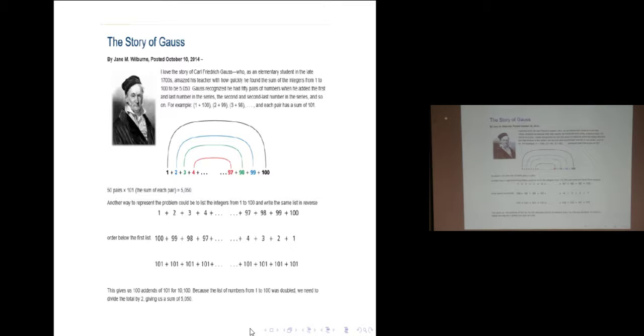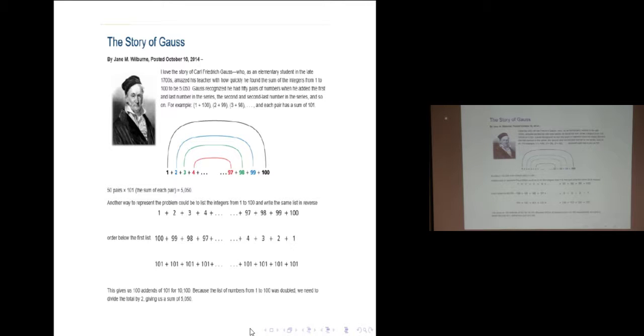So the teacher asked the class to add the integers from 1 to 100. So 1 plus 2 plus 3 plus 4 plus dot dot dot all the way to 100. Right? So, well, for the elementary school students, it takes a while to add. But for Gauss, he used more or less what we did, right? So what Gauss did is this.